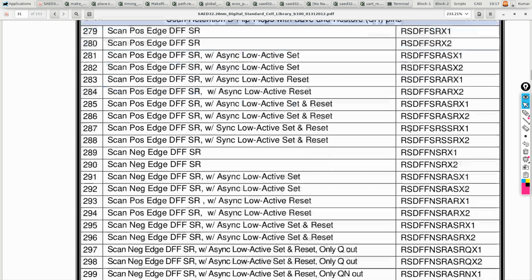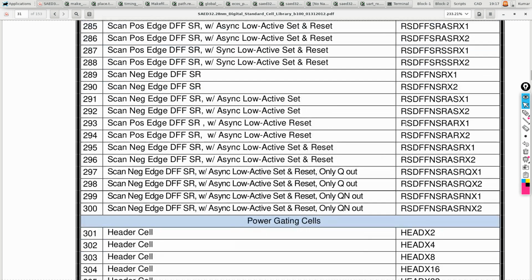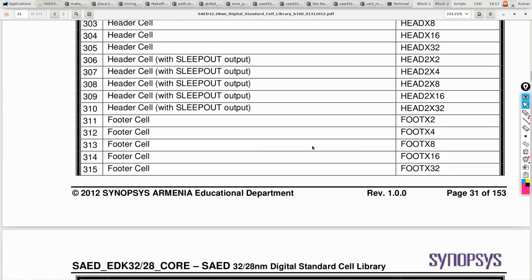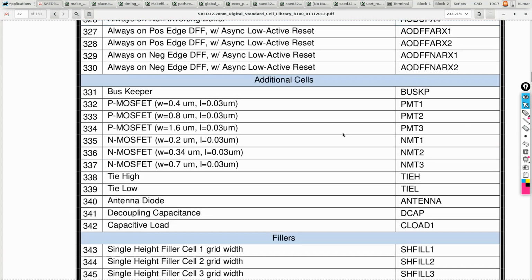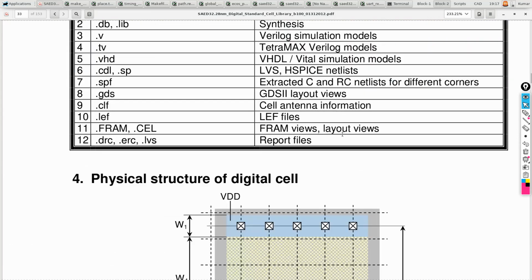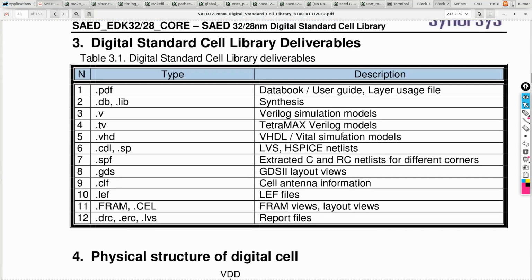If you ask me, Kumar, do you know all these cells? I may not know, but I know where to look for such information. What is this flop all about? I need to go and refer to the library document, which can give me more details. Any questions here?